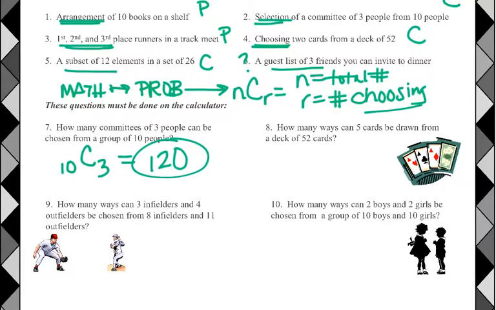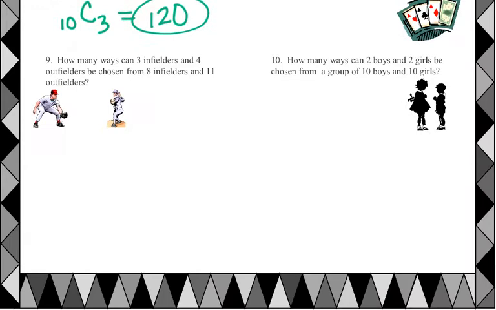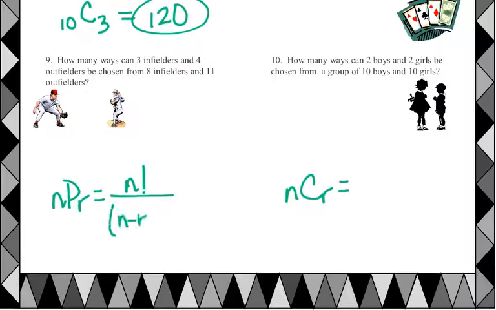Which, by the way, I feel like we should now talk about the difference between nPr and nCr and what those formulas are. You don't need to have this memorized or anything, but this is where these numbers are coming from. n factorial over (n minus r) factorial is nPr's rule. So if we take the 10P3 example, this means there's 10 people and I'm ordering 3 of them.